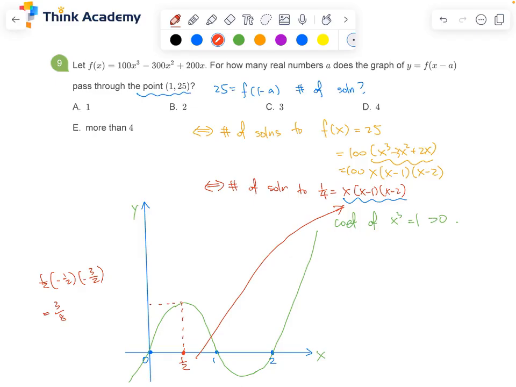So it would be 3 over 8, which is greater than 4a. So this would be the line of 4a, y equals 4a. And you can see that there would be 3 intersection points of the green third degree curve and the purple line. So the final answer would be C.